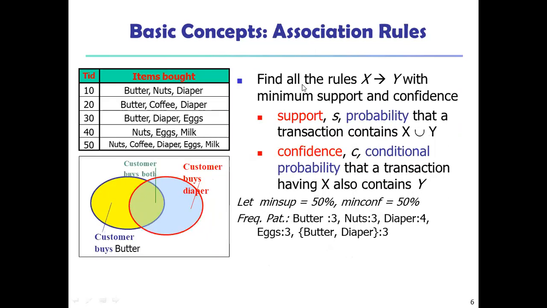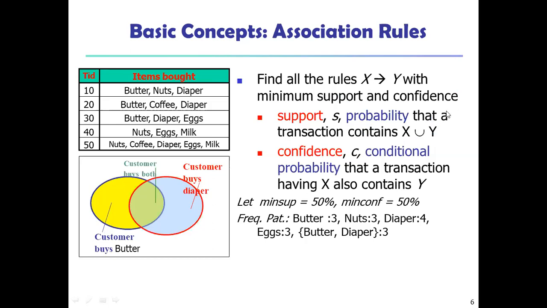So find all the rules X implies Y with minimum support and confidence. Support is the probability that a transaction contains X and Y. Now we are extending to a 2-item set, X implies Y. If X is present in a particular transaction, then Y should also be present.